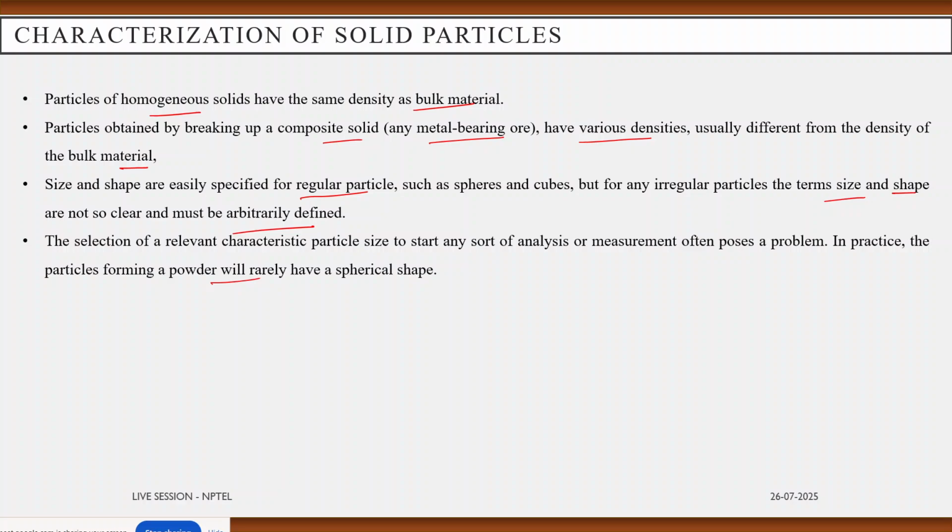Often we idealize a particle shape to be spherical, but in reality the shapes are not spherical every time. They may be cuboidal, or there can be other shapes like needle shape or flake shape. They may be of that real form, but we often idealize them as spherical. So we cannot do that.